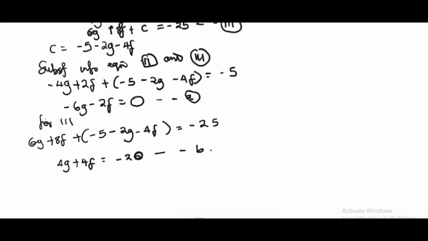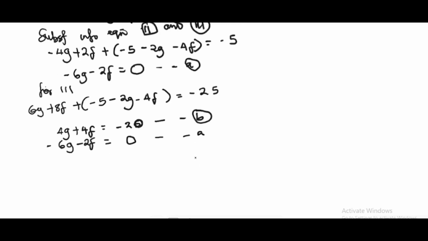So let me just write the A under it. Minus 6g minus 2f is equal to 0. And that's our equation A. Okay? So now looking at this equation, solving simultaneously, probably using elimination method, we're going to be making one of the coefficients in one of the equations to be the same with what we have in the other equation.